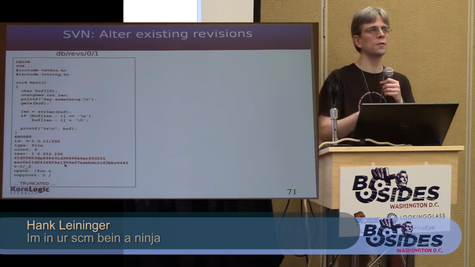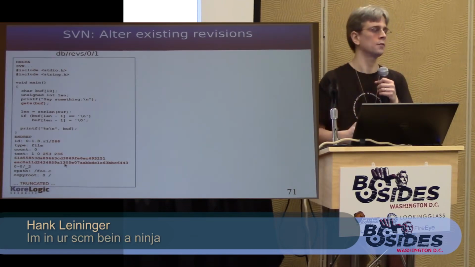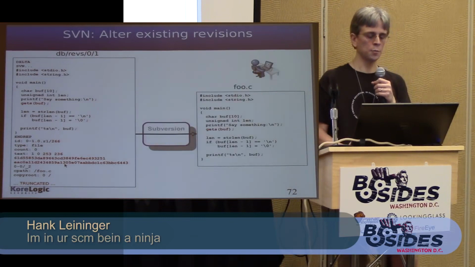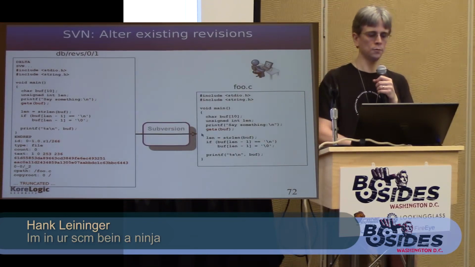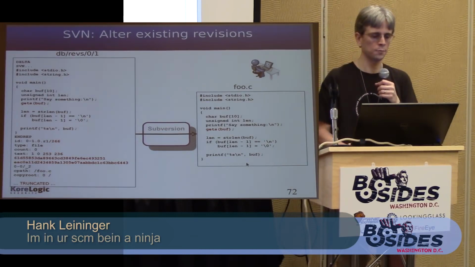I'm doing a little bit of hand waving here. There's like one or two other details that I had to trim out, but it is basically that easy. And then the next time a developer checks out that code base, they're going to get the modified, doctored version. And again, they're not going to know anything's amiss.